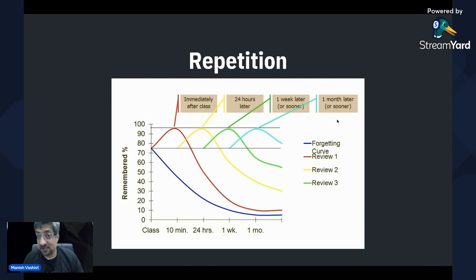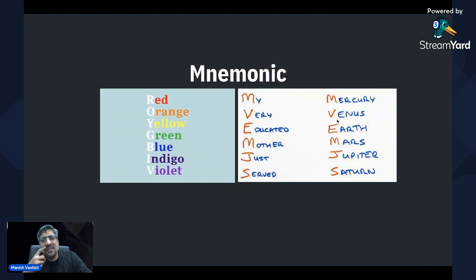Again, it's a cool topic to explore. I would recommend that you explore this area. And then we have mnemonics. Vibgyor is a mnemonic, or my very educated mother just served, which talks about each of these planets, like Mercury, Venus, Earth, Mars, whatever.